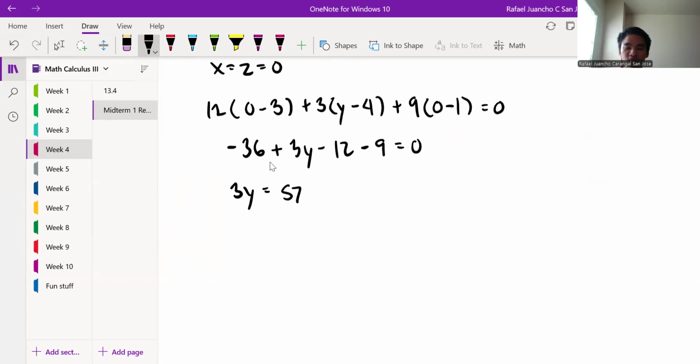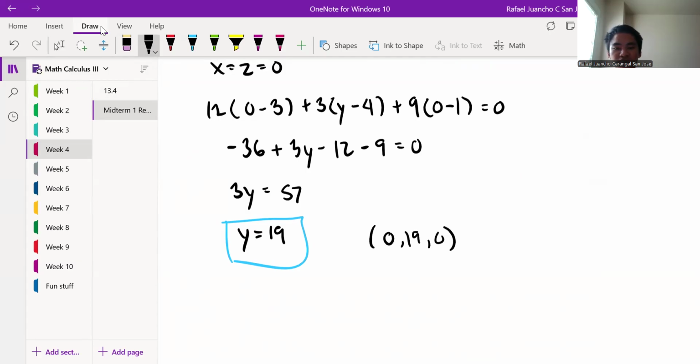So 3y minus 57 is 0. 3y equals 57. Can I divide? Okay, so y is 19. So my y-intercept is 19. Or if I want to be specific, it's at the point 0, 19, 0. Doesn't really matter though, but yeah.